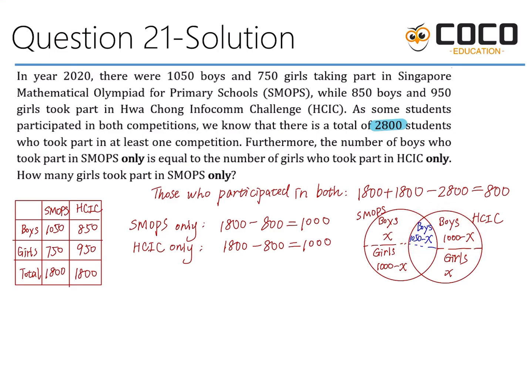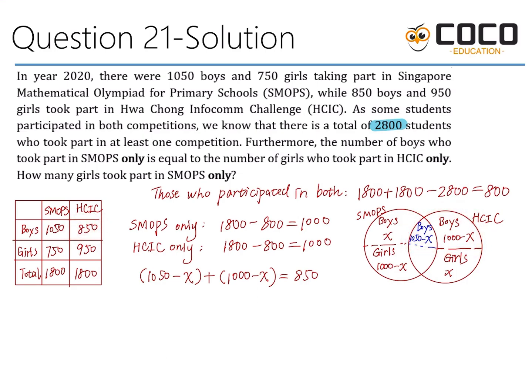So we can form an equation. Those who did both is 1050 minus x, and those who did HCIC only, the boys, is 1,000 minus x. Total is 850, so it equals this region.